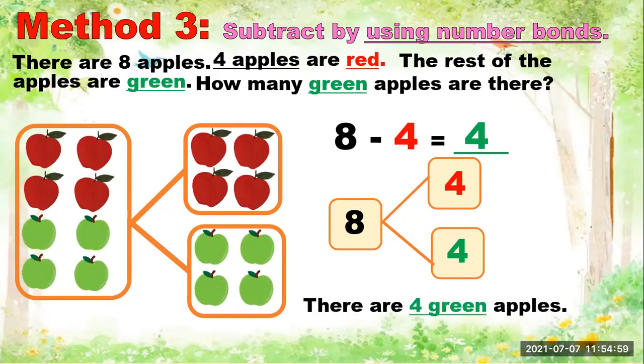So therefore, the answer here is there are 4 green apples. Okay, so you know already the 3 methods. The first is using a number line, the second is crossing out, and the last is using number bands.